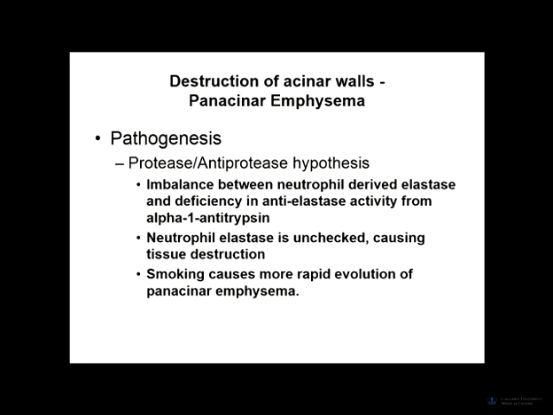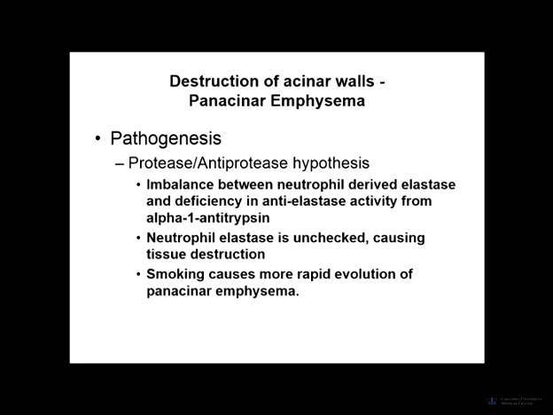We get inflammation, neutrophils will produce some elastase, but our normal level of anti-elastase activity prevents that from damaging the tissue. Now, certainly cigarette smoking would be an injury that could accelerate that process for sure, okay?